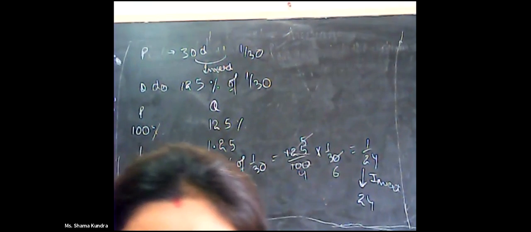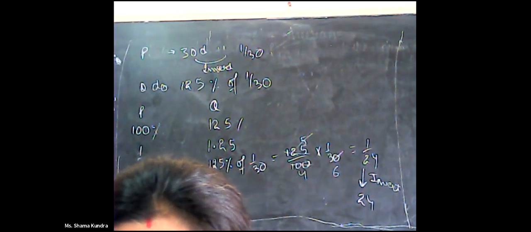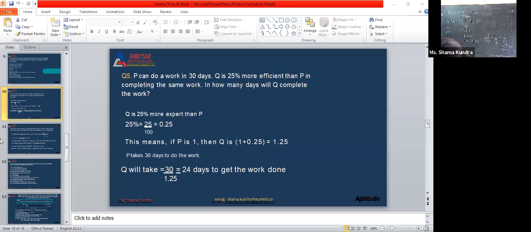Now see this in the PPT, moving to the slide. Then the total work is done in how many days? Simply invert, we get 24 days. So Q finishes the entire work alone in 24 days. See how easy it was. Any type of sum, just invert and find the one day work.